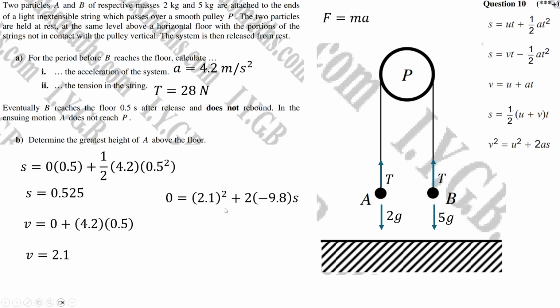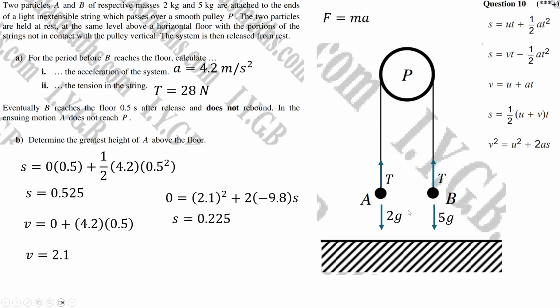Plug that into this one here, solve for s, and you get 0.225. That tells us that after it's moved up 0.525, it's jerked up 0.225 meters, and then it falls back down that 0.225 meters.